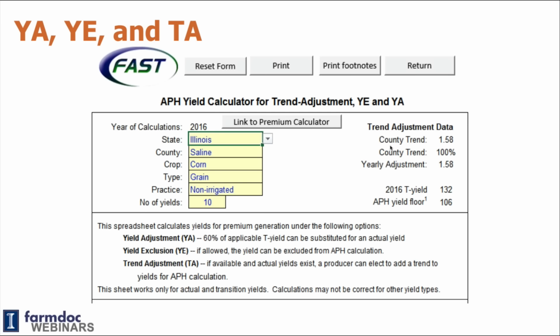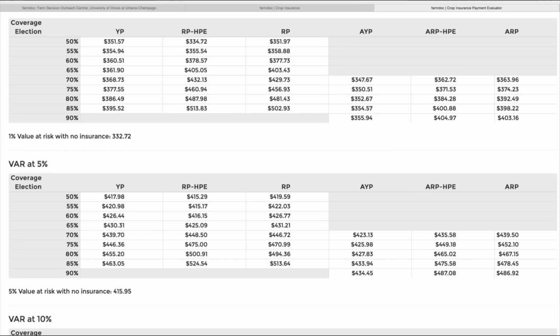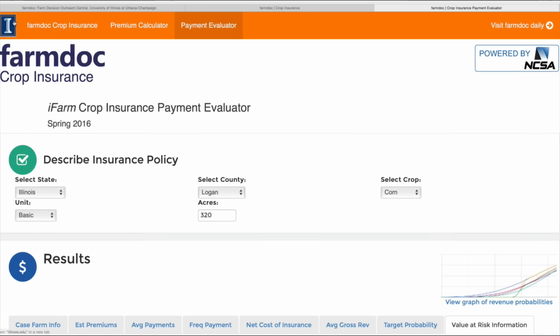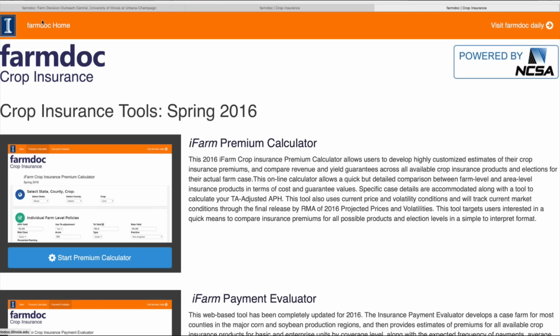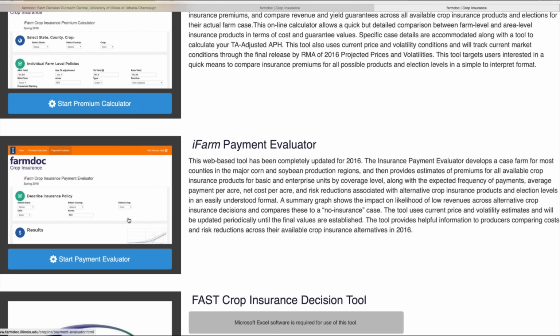All right. YA, YE, TA. If you want to see what these products do to insurance guarantees, we still have our crop insurance decision tool. That's a spreadsheet that's downloadable from our website. Again, if you come back here to our website, let me go to the top here. We're going to go to the farm. We have our premium calculator, our payment evaluator.